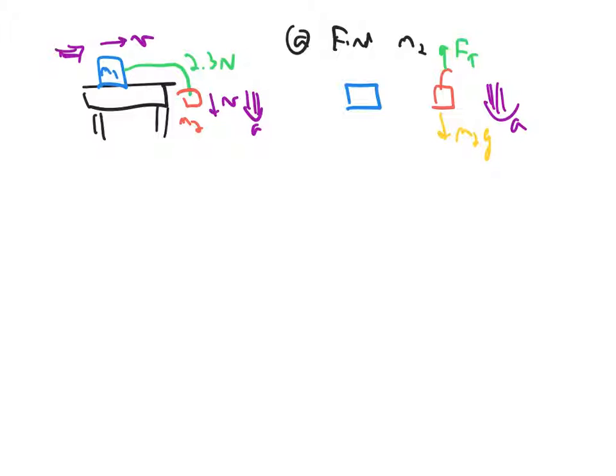So from the free body diagram, the sum of the forces on the hook is going to be the tension Ft and M2G, but they'll have a different sign because it's accelerating downward.